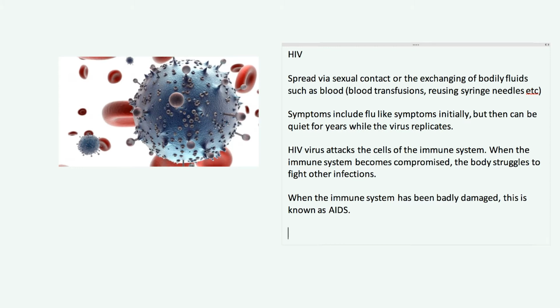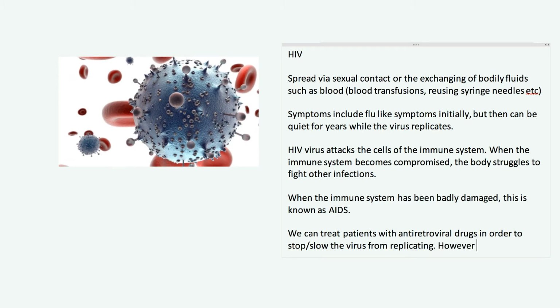Now, importantly, we can treat patients with antiretroviral drugs in order to stop or slow the virus from replicating. However, there is no known cure. So certain drugs which are given to patients who have been infected with HIV basically delay the process.